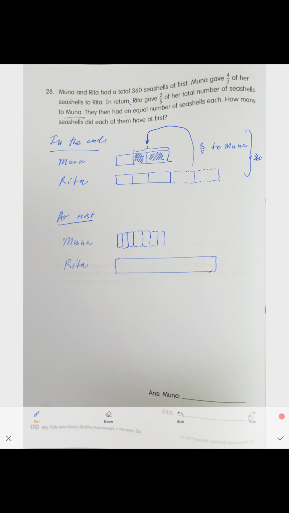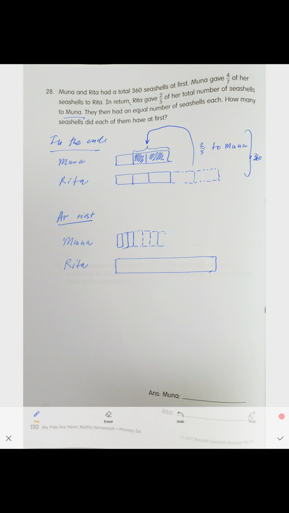These 4 units went to Rita. 1, 2, 3, 4. You can shade them yourself. 4 over 7 to Rita.